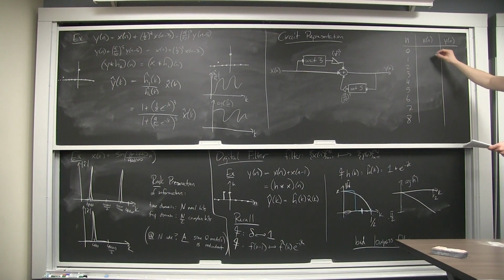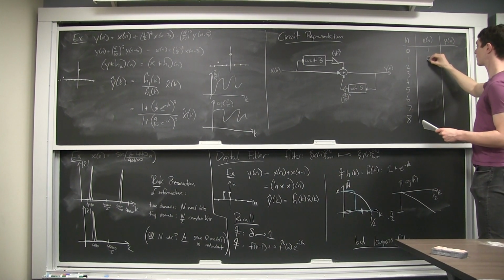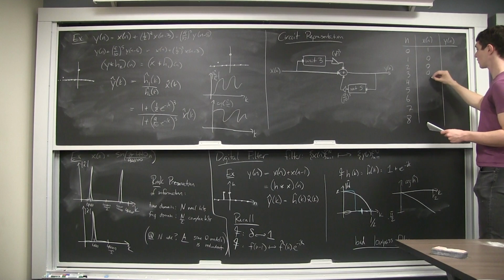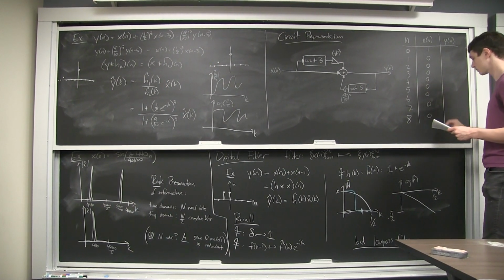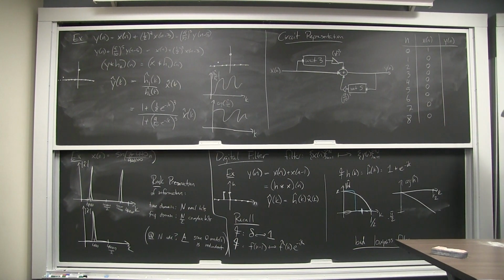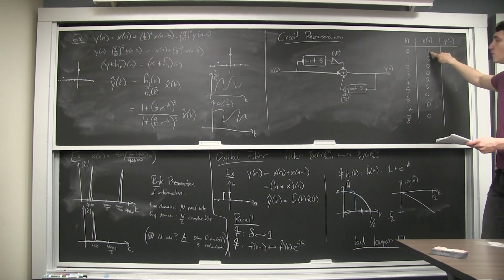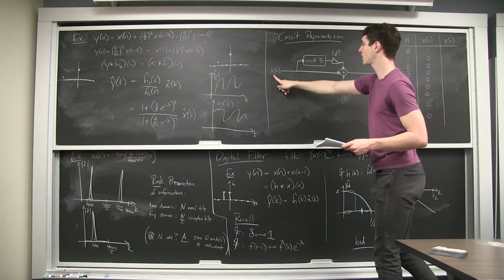And as an input signal, let's just do an impulse. So it's 1 at time 0, and it's 0 at all other times. Okay, so how does this circuit work? At time 0, 1 comes through here.